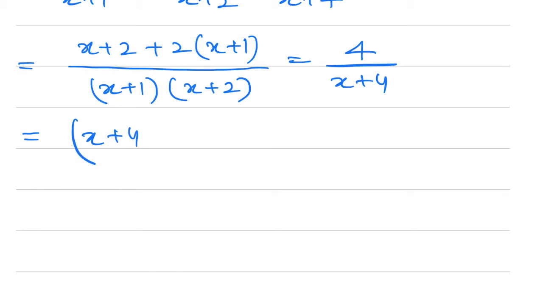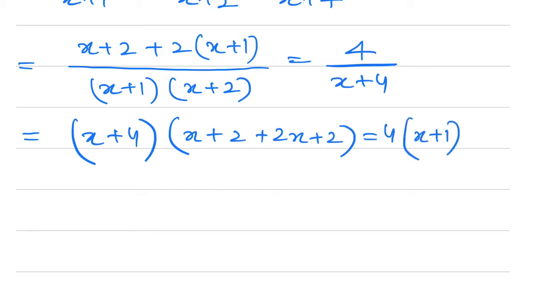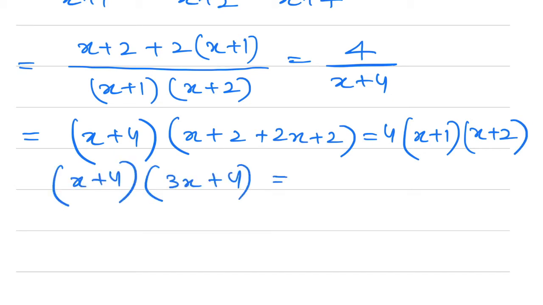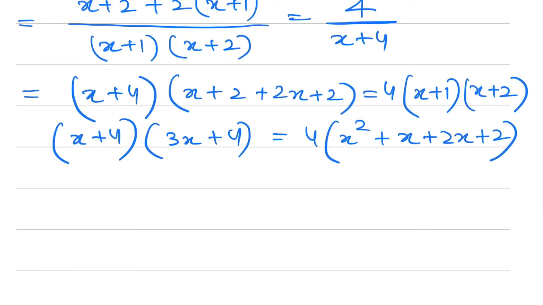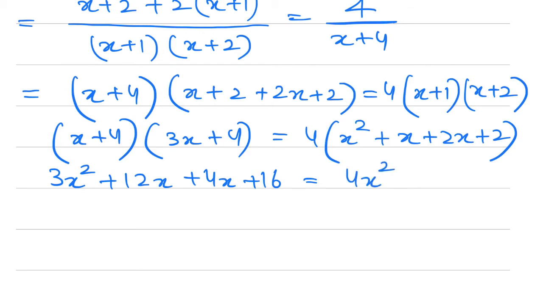So x plus 4 into x plus 2 plus 2x plus 2 is equal to 4 into x plus 1 into x plus 2. So this is x plus 4 into 3x plus 4 is equal to 4 into x square plus x plus 2x plus 2. So now multiplying this, we have 3x square plus 12x plus 4x plus 16 is equal to 4x square and 3, so 12x plus 8.